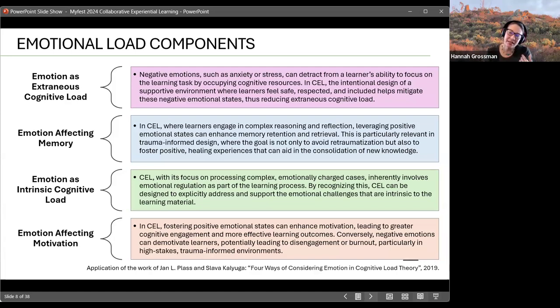A third impact of emotional load that is critical in my work is emotional load as intrinsic cognitive load. So in our shared understanding and in our sharing, I'm sharing and working on problems related to child trauma.